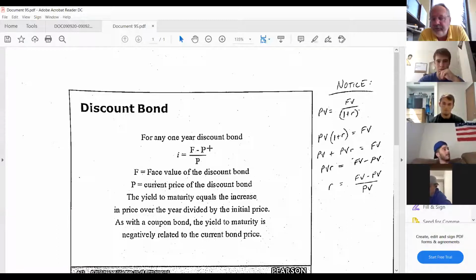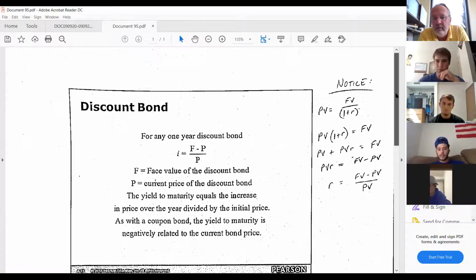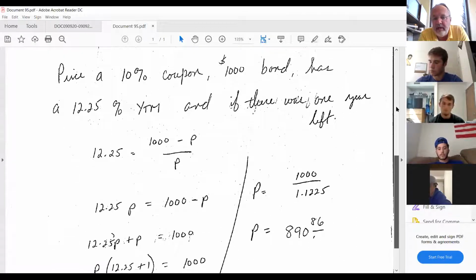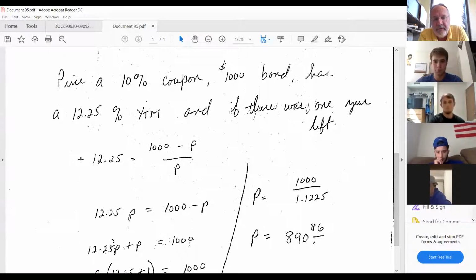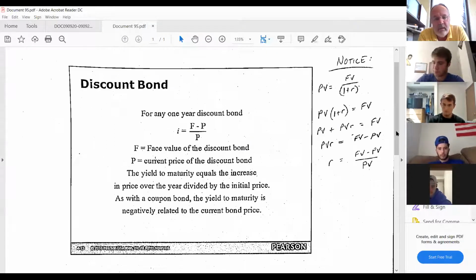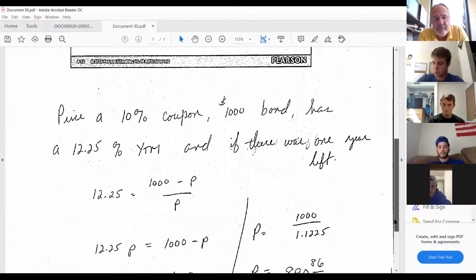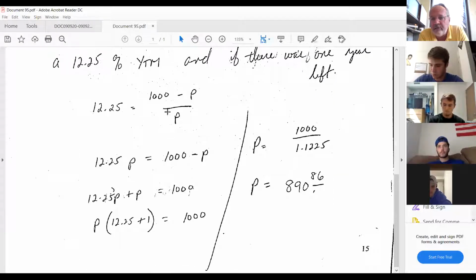Okay, this is the slide we're looking at. This is the problem I gave you. We have the interest rate over here, and we have $1,000 face value minus the price. I wanted you to tell me the price. Do a little algebra, multiply this side by P, solve for P, right?